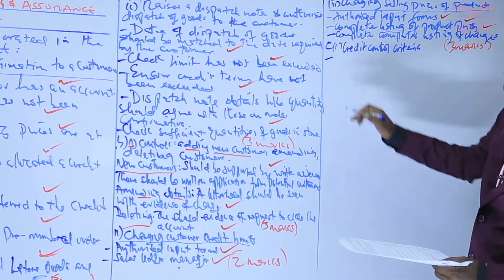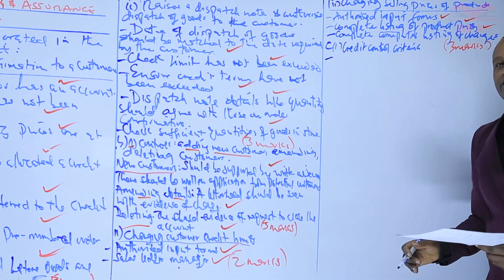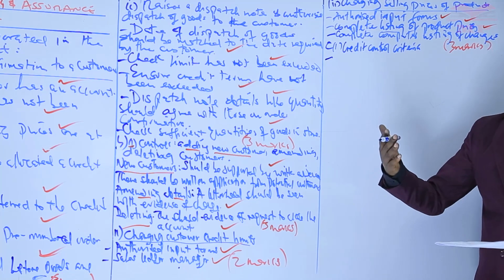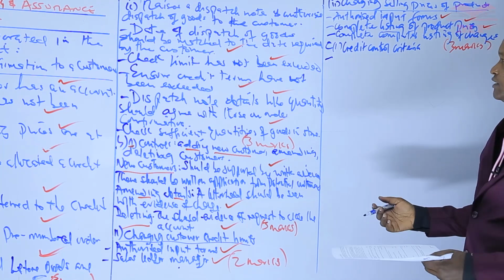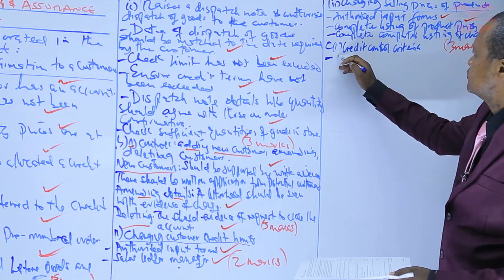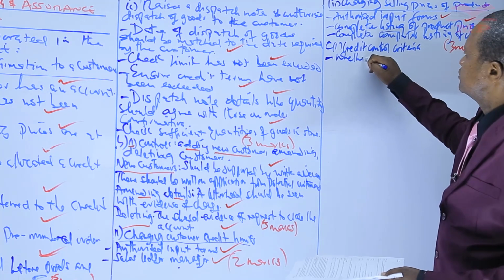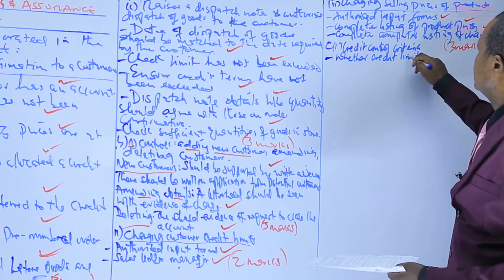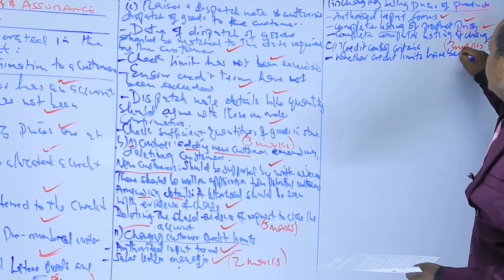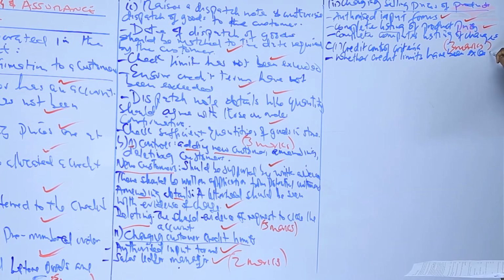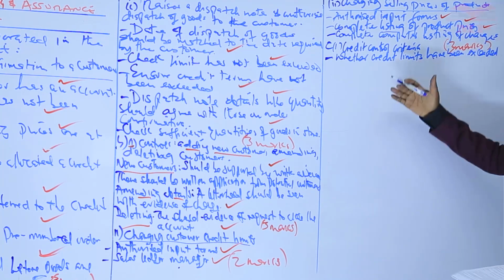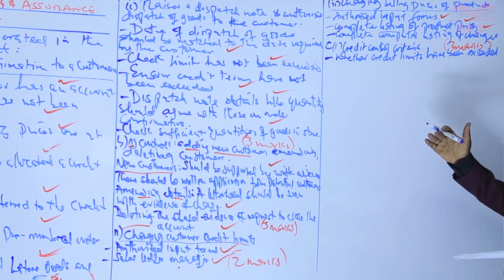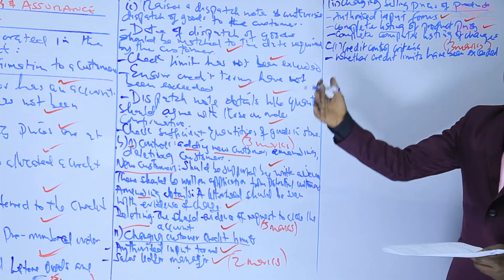The first point here will be in relation to whether credit limits have been exceeded or will be exceeded.